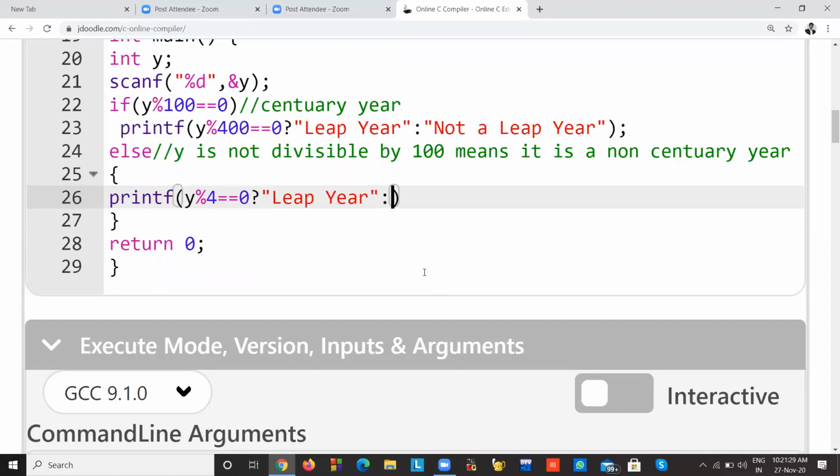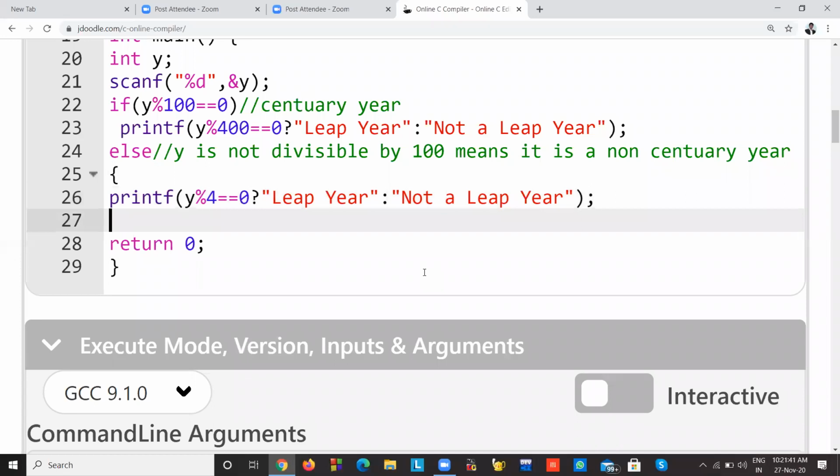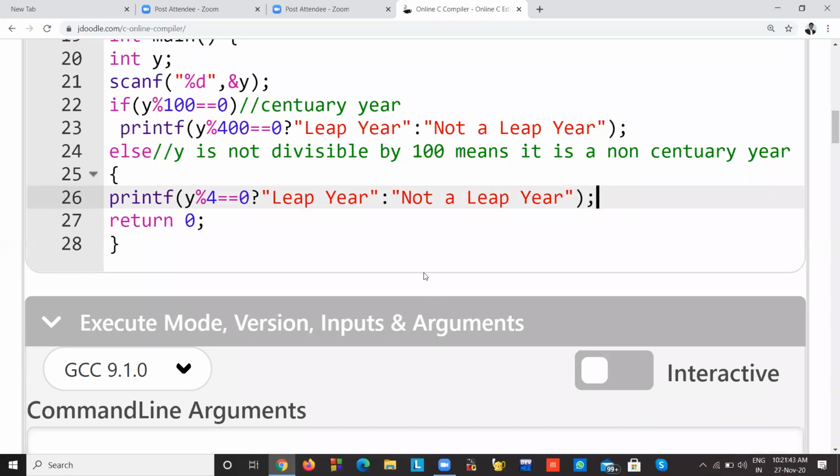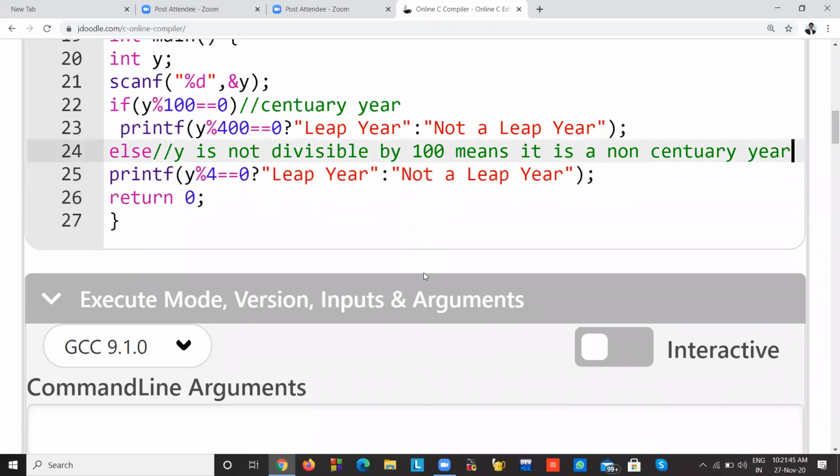This is expression 2. Otherwise we print not leap year in expression 3. Since else has only one line, we can avoid the braces also. Now the length of the code is greatly reduced, right?